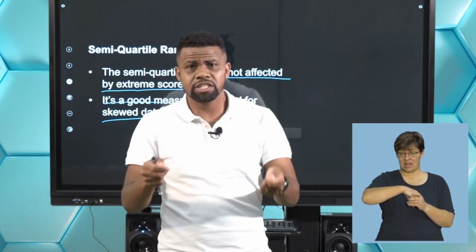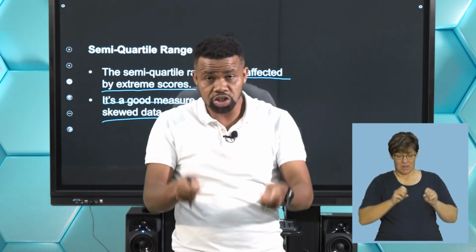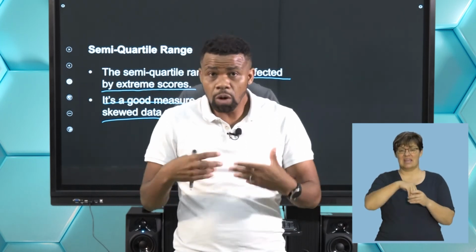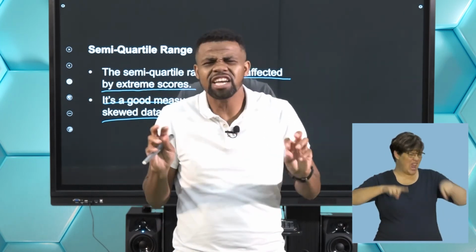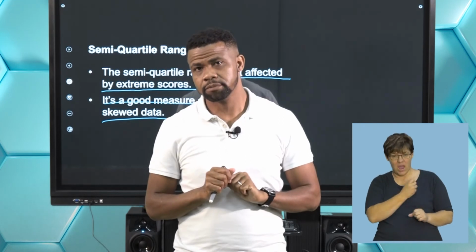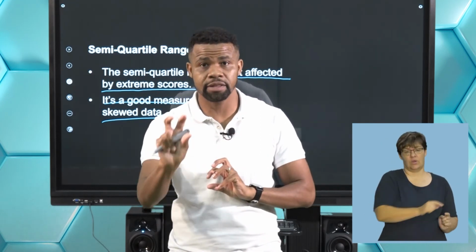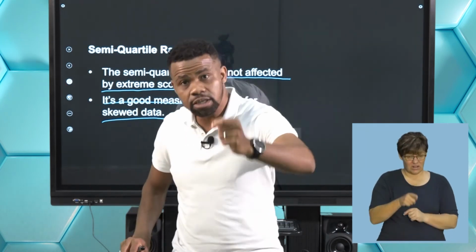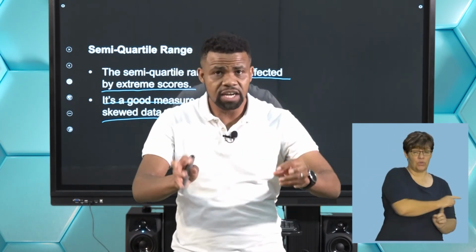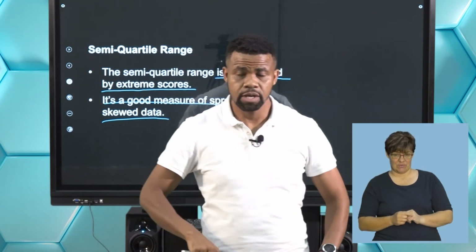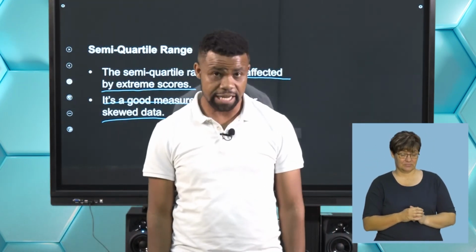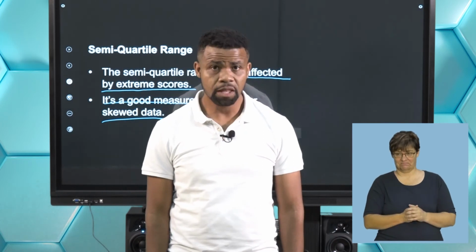So semi-interquartile range is a good measure of spread, okay? And also the interquartile range. And range, not really, okay, because it can be affected by the extremes. Semi-interquartile range and the interquartile range are not affected by the extreme, the highest and the lowest set of data, okay? Fantastic.